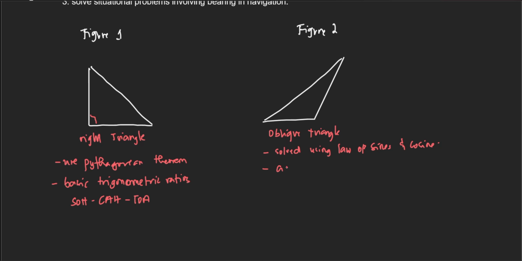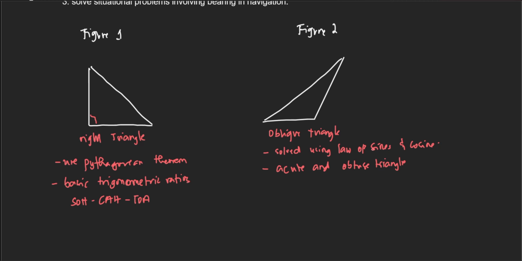It also includes acute and obtuse triangles. Now again, figure 1 refers to a right triangle, which uses the Pythagorean theorem. We can also use the basic trigonometric ratios, SOHCAHTOA. On the other figure, the oblique triangle, we apply the law of sines and cosines, and we also have acute and obtuse triangles.